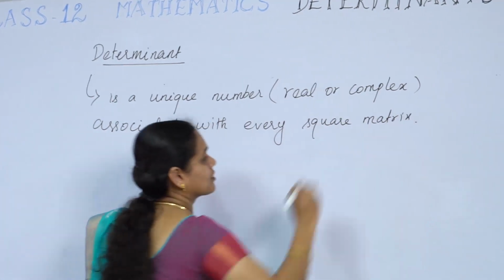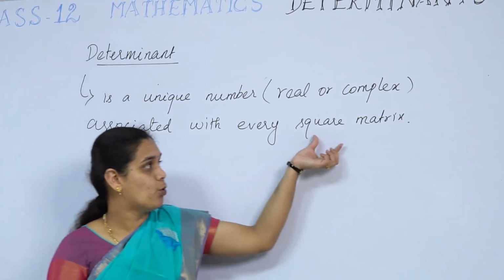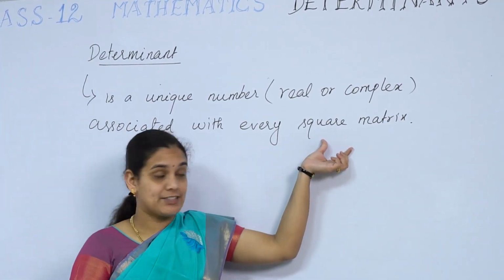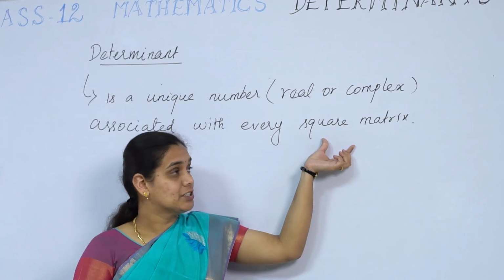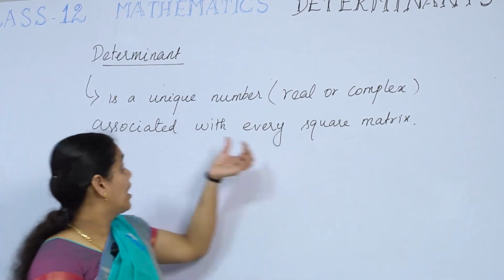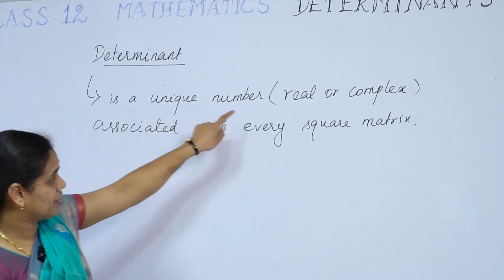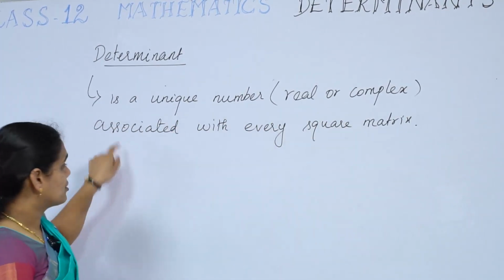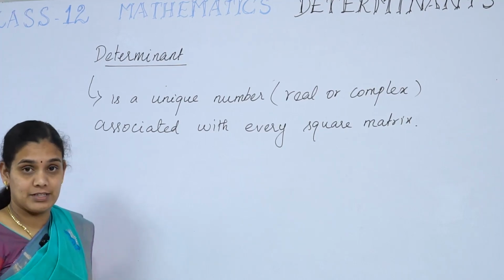We have already learned what a square matrix is. Let us recollect it: a square matrix means the number of rows is equal to the number of columns, that is m equal to n. And here it is a unique number, real or complex, associated with every square matrix.